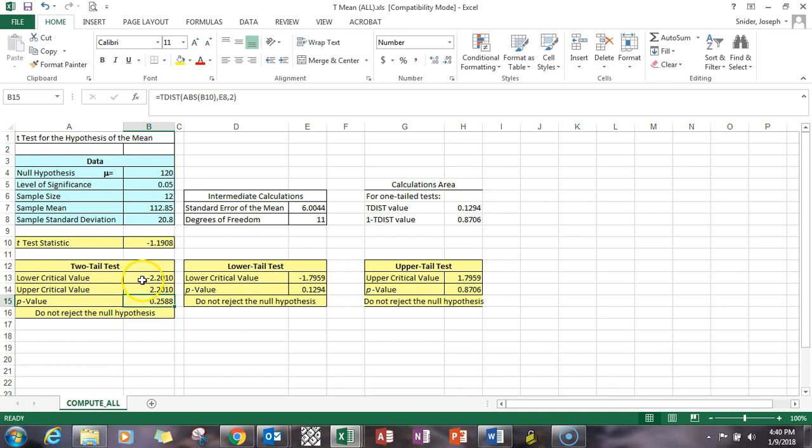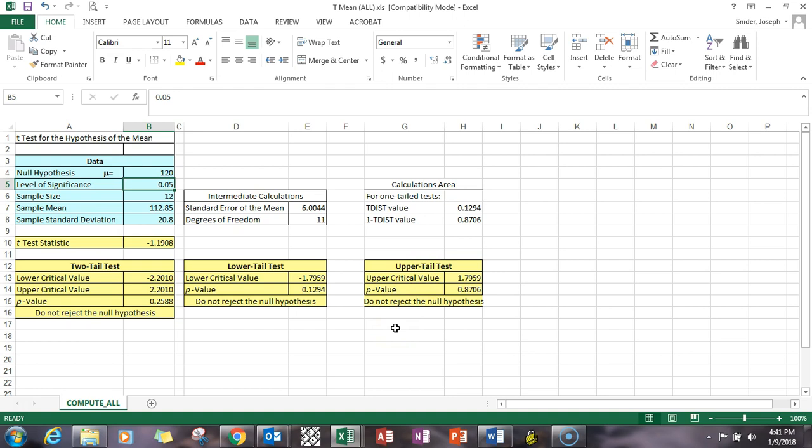Remember, if you have the critical values and you go outside of those boundaries, then you reject. If the p-value is lower than alpha, which in this case is 0.05, you reject. So none of these reasons here are showing up, so you say do not reject. Also, this is the same way. You have a two-tail test, lower tail test, upper tail test.